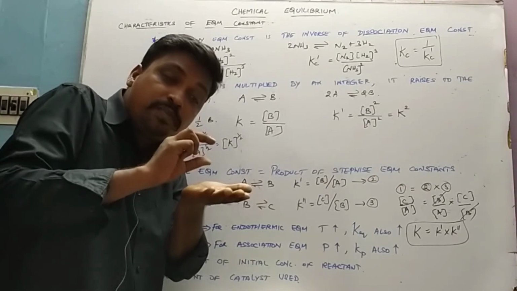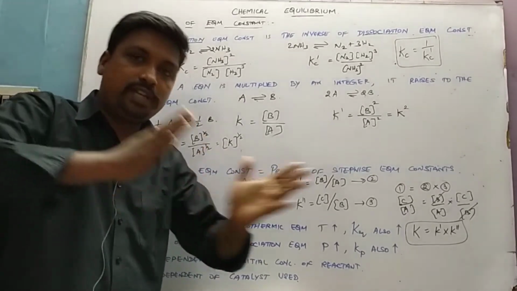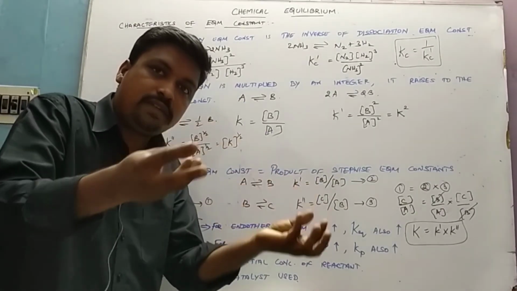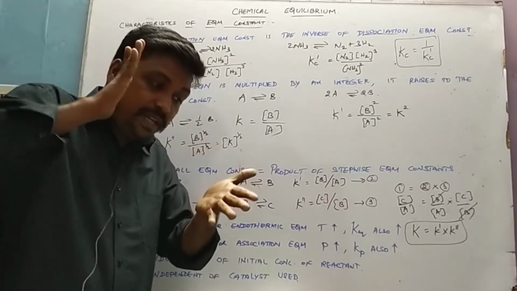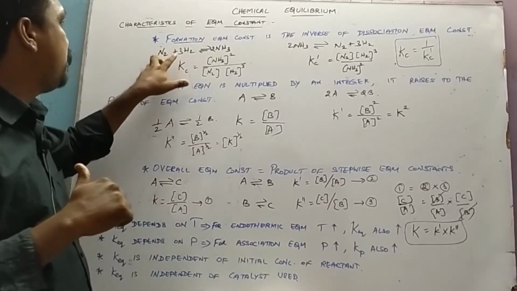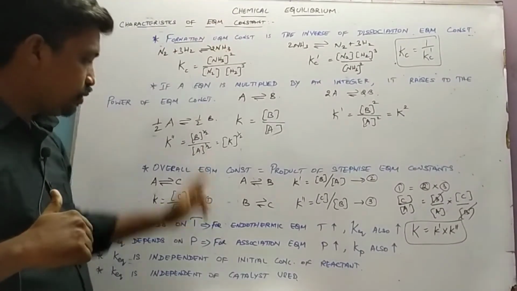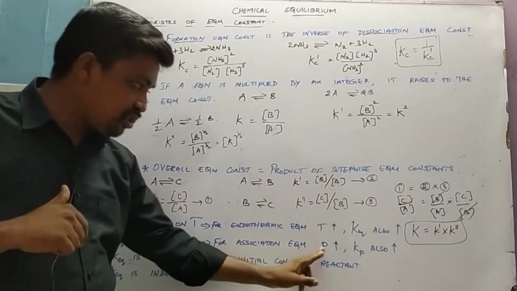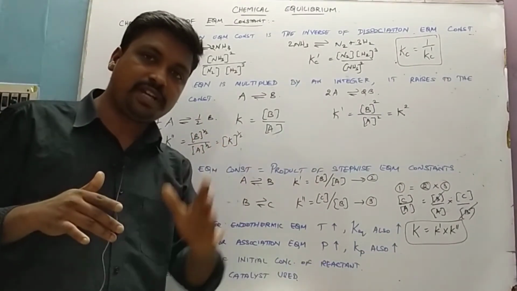The 3 objects will behave as a single object. When you release the pressure, slowly the 3 will split up. So when we apply pressure, there is a decrease in the number of moles. Here there are 4 moles, here 2 moles. It is called association. So in association equilibrium, as pressure increases, Kp also increases. That is reverse for dissociation equilibrium.